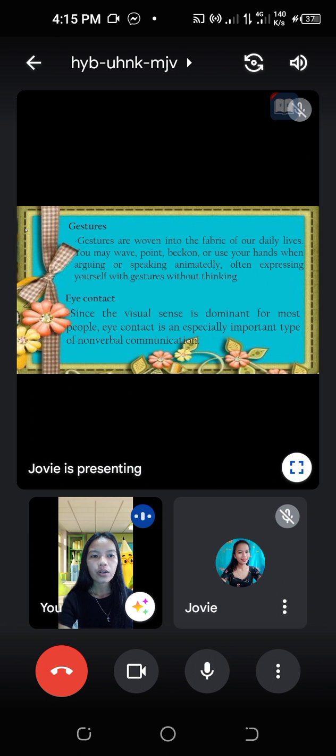The way you look at someone can communicate many things, including interest, affection, hostility, or attraction. Eye contact is also important in maintaining the flow of conversation and for gauging the other person's interest and responses.